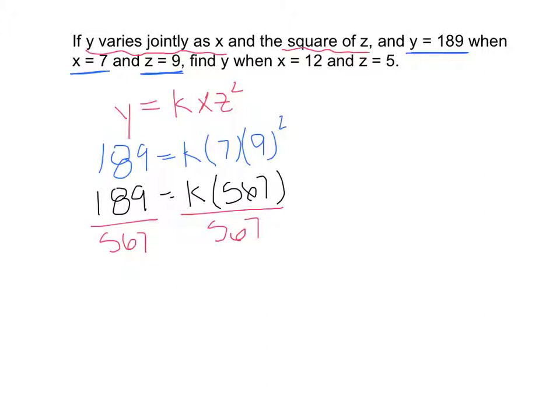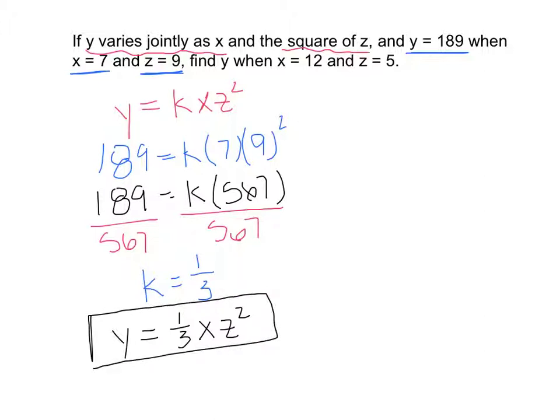And k equals another one of those repeating decimals. K equals 0.33333333. And since we want to get an exact answer, we want to make sure we write k as a fraction. In this case, 0.33333 repeating is 1/3. So our specific equation for this situation is y equals 1/3 xz squared.